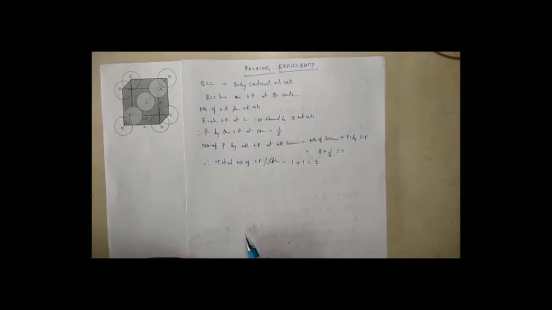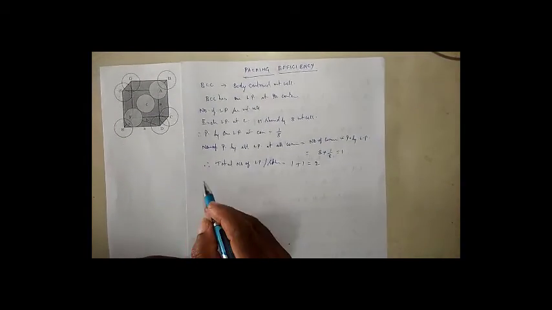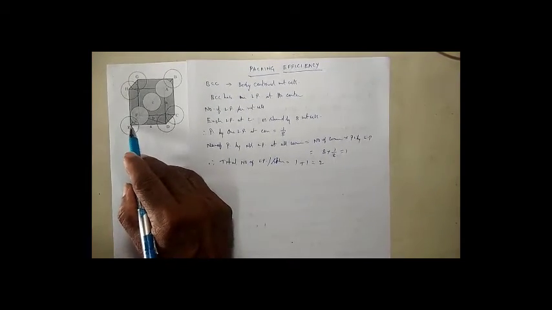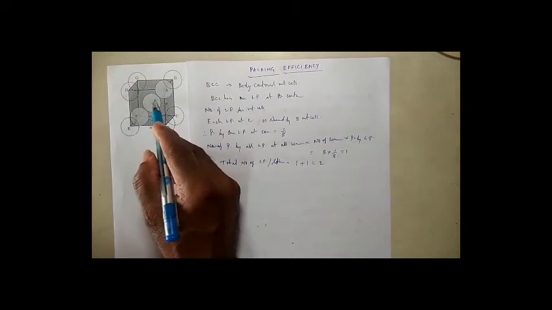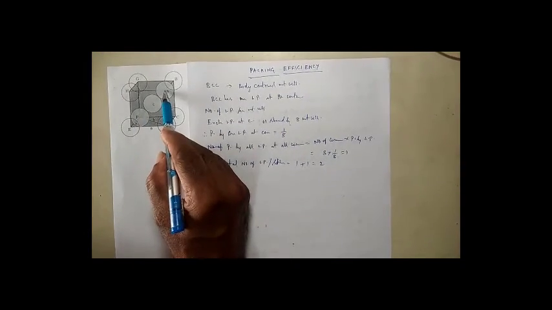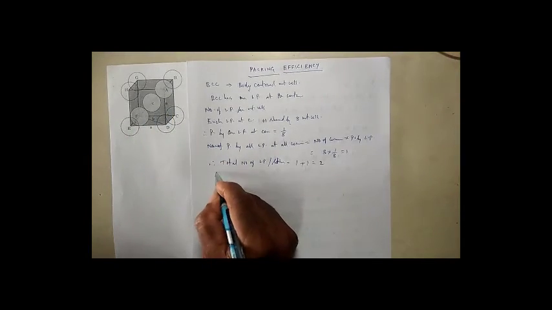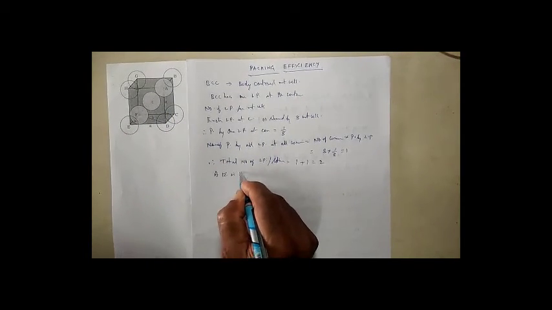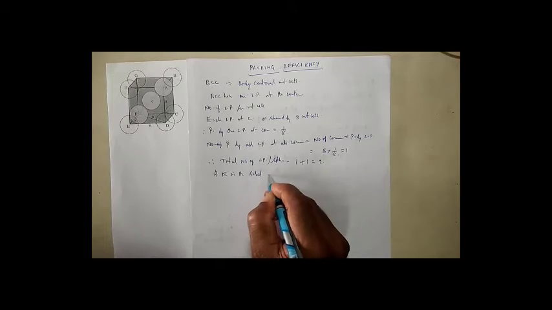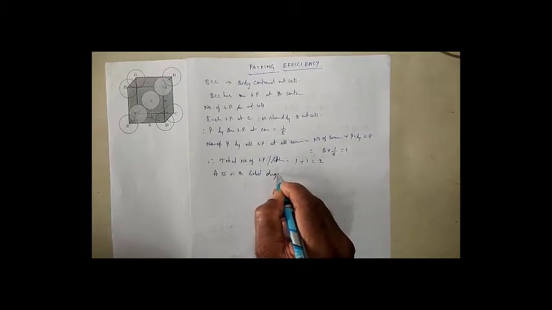Now let us find the packing efficiency. To find the packing efficiency, we have to find the edge length in terms of the radius of the sphere. Now here AF is the solid diagonal. How do we find the solid diagonal?